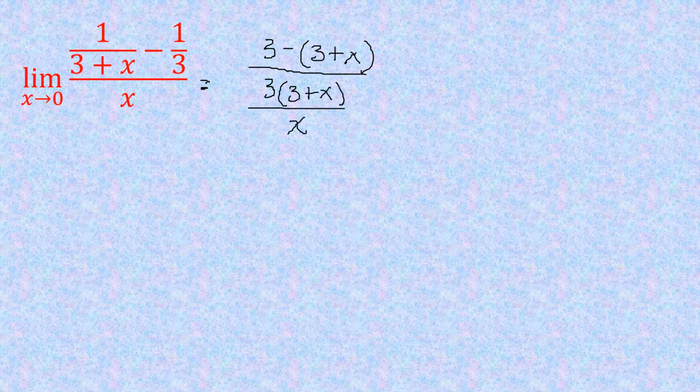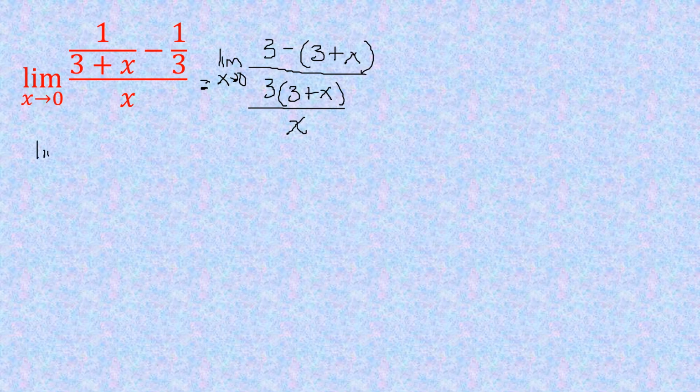Because when I add that together, what I get is 3 minus 3 plus x over 3 times 3 plus x, all over x. And I'm still taking the limit. Okay? Now, however you got that, I'm just basically finding the least common denominator. Now I'm going to simplify that.